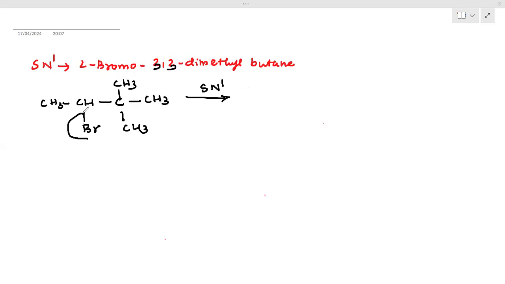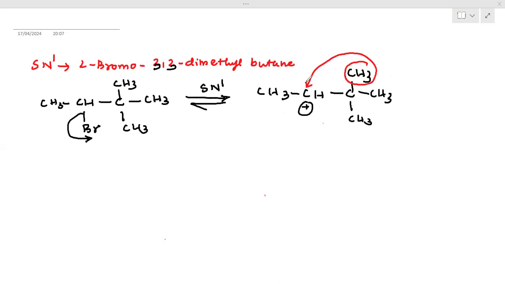The first step is replacement of bromide, formation of carbocation. What type of carbocation is formed? It is a secondary carbocation. But there is a possibility to convert it, flipping into a tertiary carbocation. So this reaction takes place. What shift will take place? On this side only the methyl group is available, so this methyl group undergoes a 1,2 methyl shift. Okay, a 1,2 methyl shift is possible.